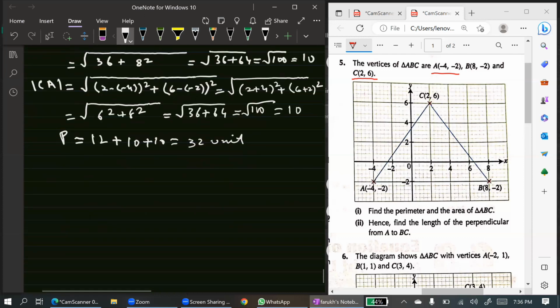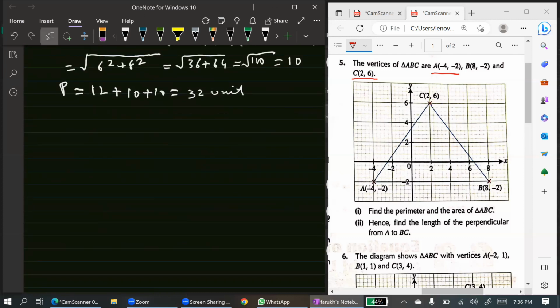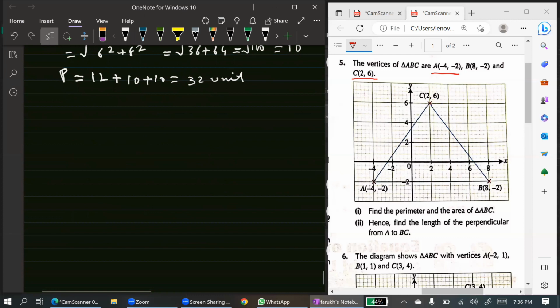Now I will introduce a new formula for the area of the triangle when vertices are given. You can find the area of any polygon with this method.